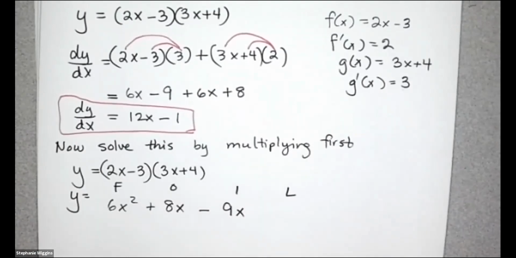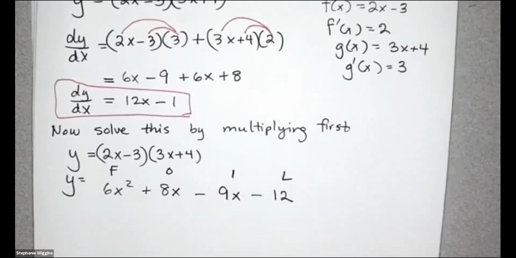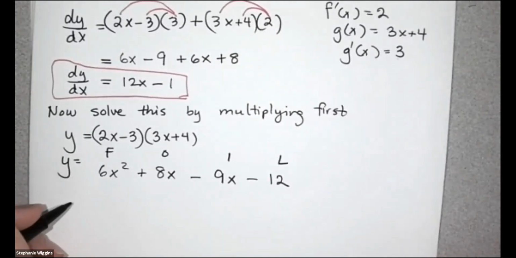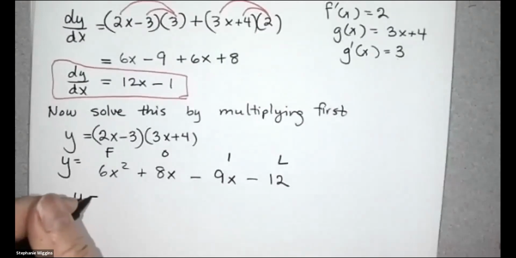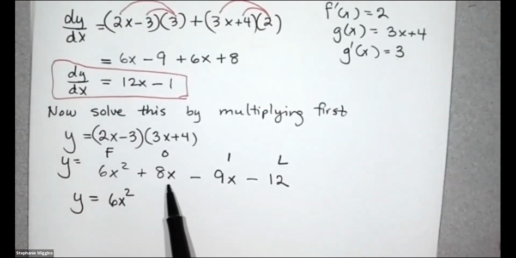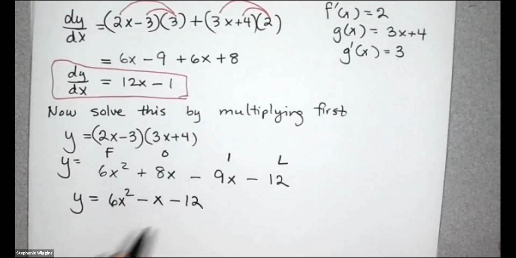And finally, the last terms are negative 3 and 4, so I have negative 12. At this point, I want to combine like terms, and I get 6x squared minus x minus 12, because 8x minus 9x is minus x.